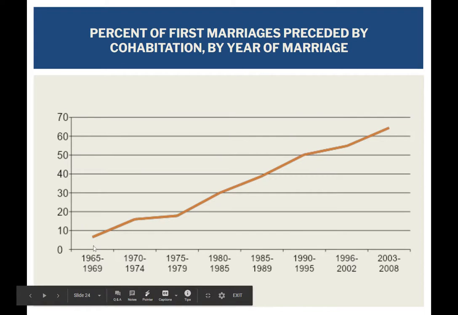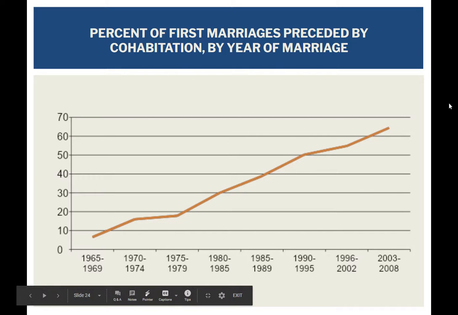We see that very few folks who were getting married in 1965 to 1969 were cohabitating before marriage, less than 10%. But if you go all the way to the most recent data point of 2003 to 2008, we see that over 60% of first marriages are preceded by cohabitation now.